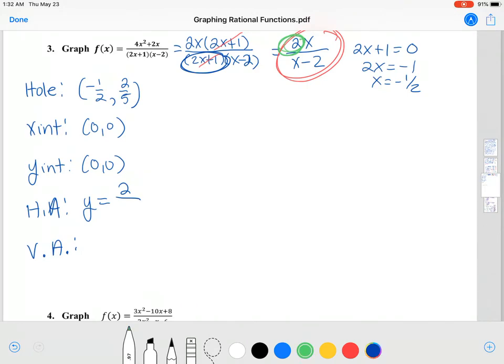The leading coefficient of the bottom is 1. So my horizontal asymptote is going to be y is equal to 2. My vertical asymptote is going to be, after simplification, what makes the denominator 0. So in that case, it would be x equals 2. So I'm going to put this all together.